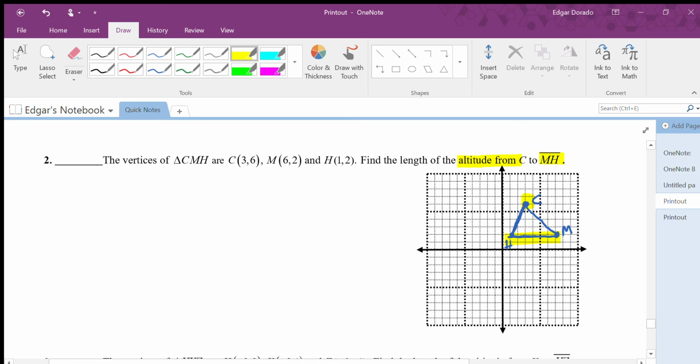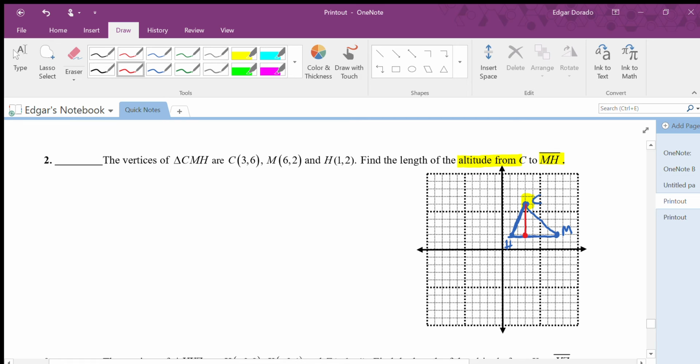Well, first off, that is a straight horizontal line. So I don't even need to calculate that slope. What's the exact opposite of a horizontal line? Well, a vertical line. Right there. You guys see that?